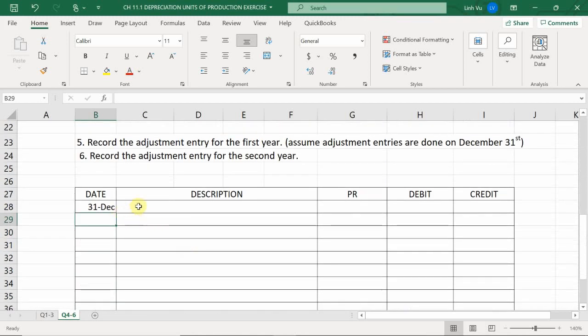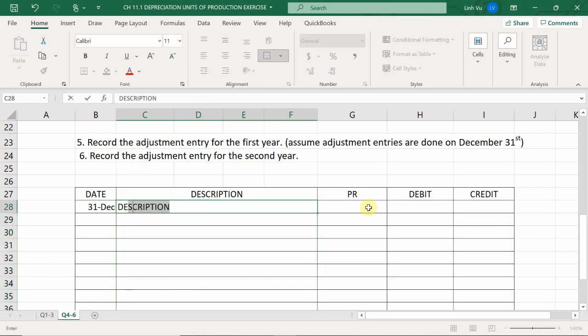And how do I record this adjustment? Depreciation expense and accumulated depreciation. Good.